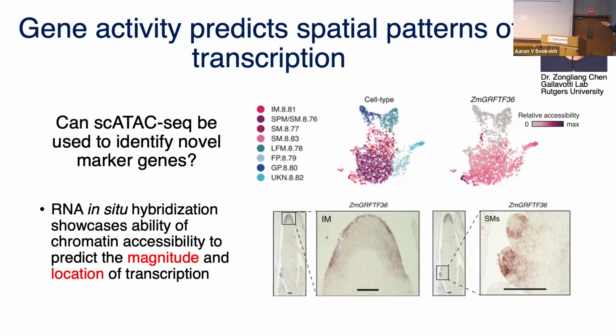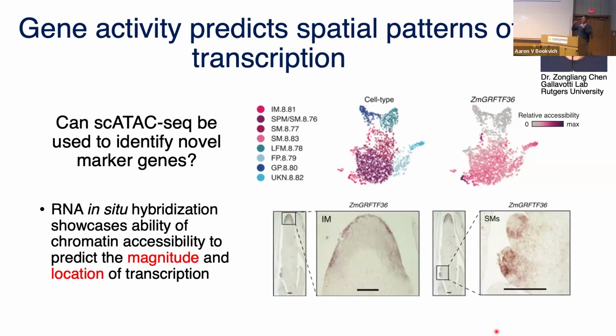It's the GRF transcription factor that we predicted would be specifically expressed within the inflorescence meristem of the maize tassel, which is this part up here, as well as in the spikelet meristems, which are these cells down here, and also zoomed up on this side. And lo and behold, our predictions matched exactly what we saw with the RNA in situ.